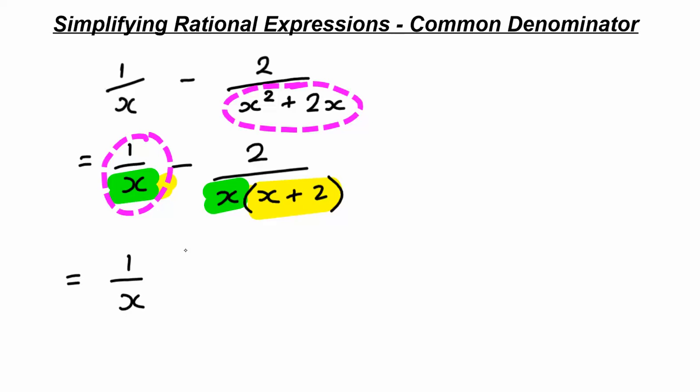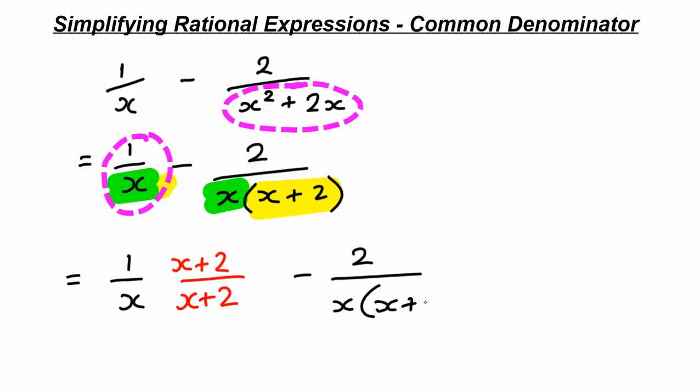So the 1 over x, I'm now going to times that by x plus 2 top and bottom. I can prove that I have not affected this first fraction because if I cancel that out, I'm still left with the 1 over x.